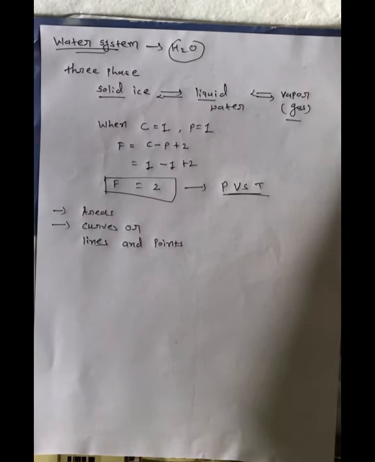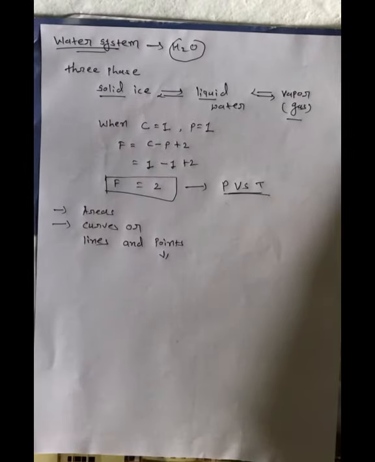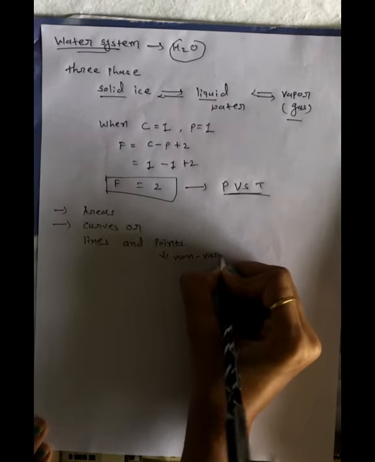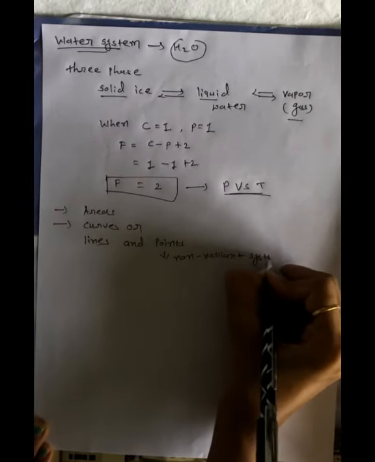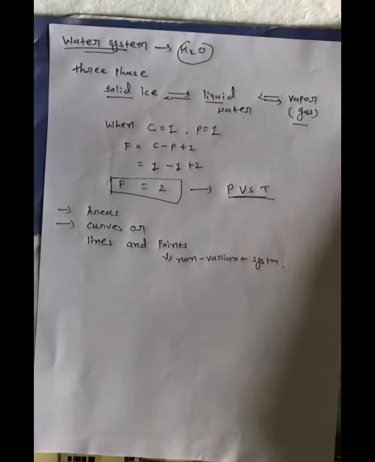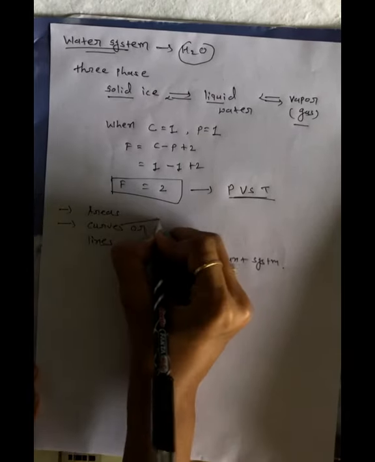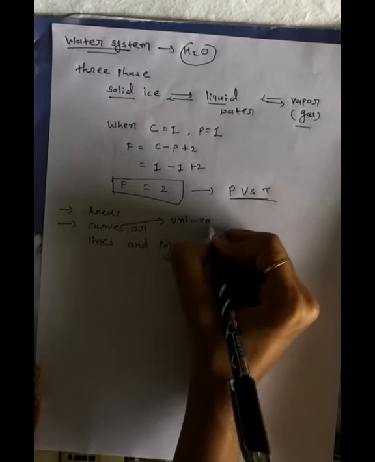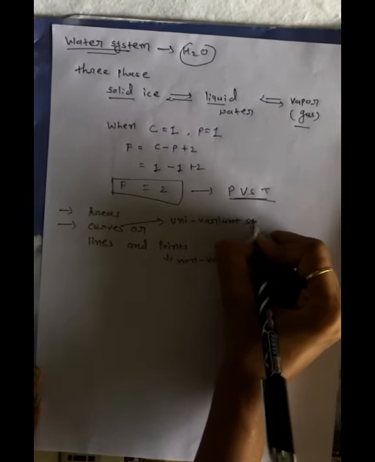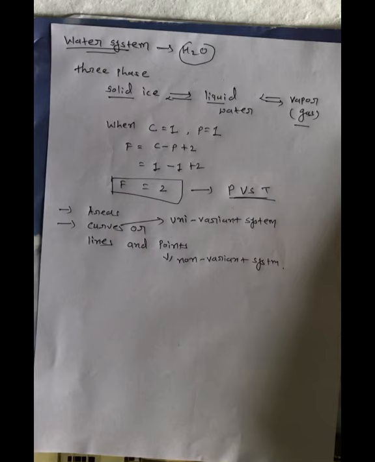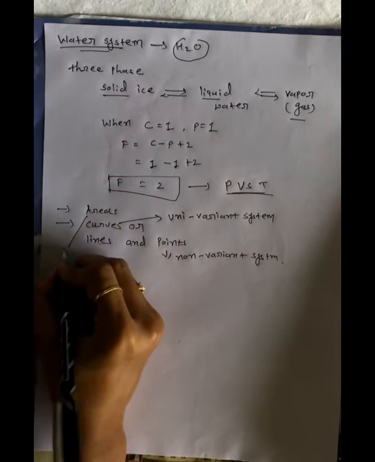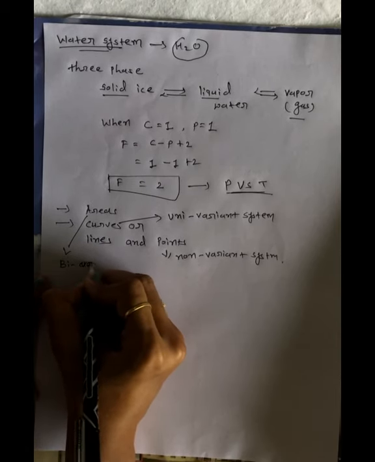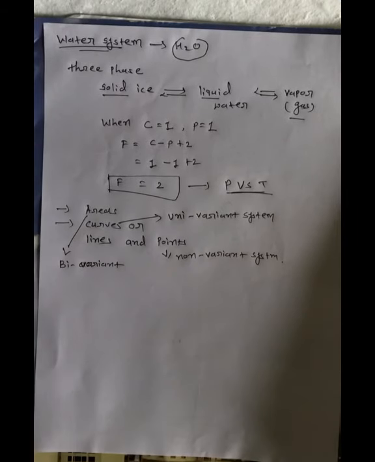A point on a phase diagram represents a non-variant system. Curves or lines represent univariant. And areas represent bivariant.